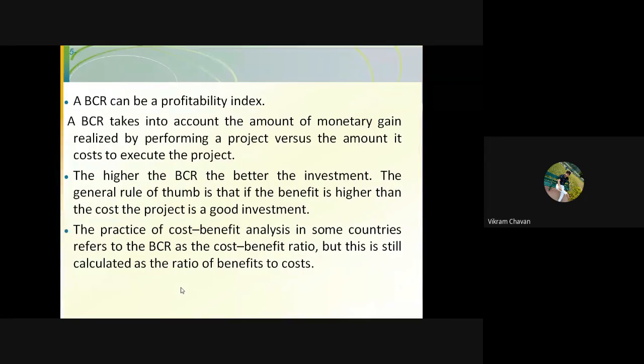The practice of cost benefit analysis in some countries refers to the BCR as the cost benefit ratio, but in actual calculation it is a ratio of benefits to cost.